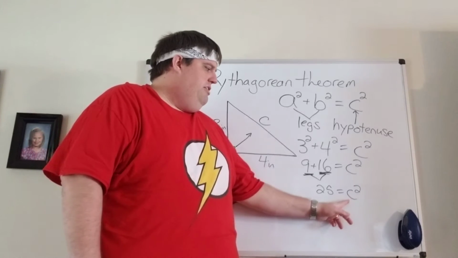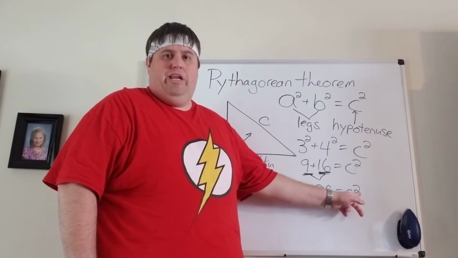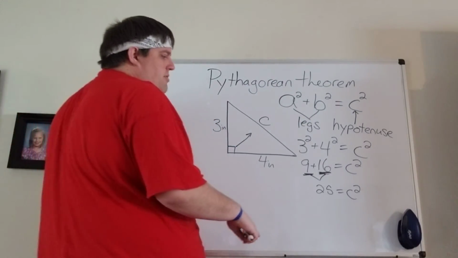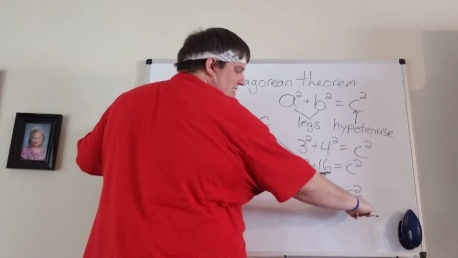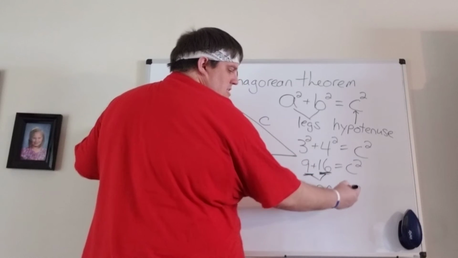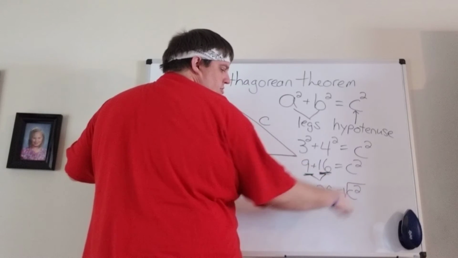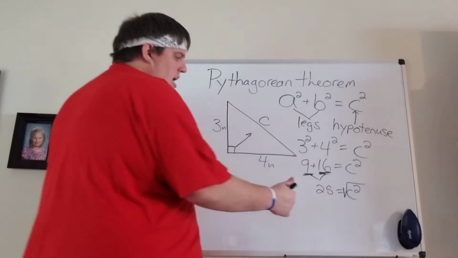And hopefully you guys can remember, if we want to get rid of something squared, we need a square root. Roots and exponents are opposite. So this step is always going to happen in Pythagorean theorem. At the end here, we're always going to need to get rid of some exponent, so we're going to have to use some root. So I'm going to square root this side, which means whatever I do to one side, I have to do the other.